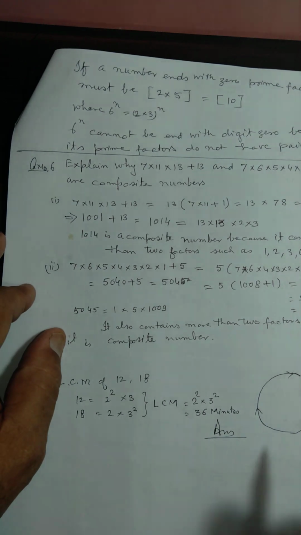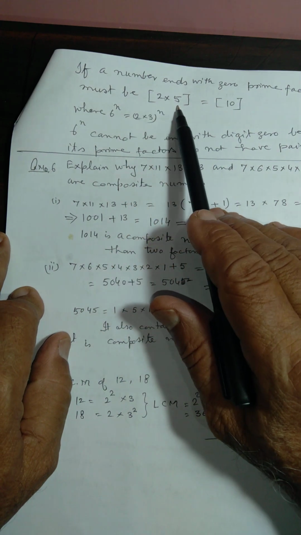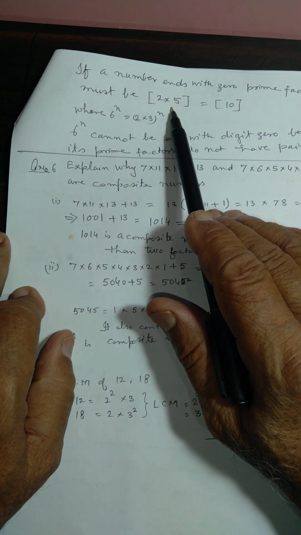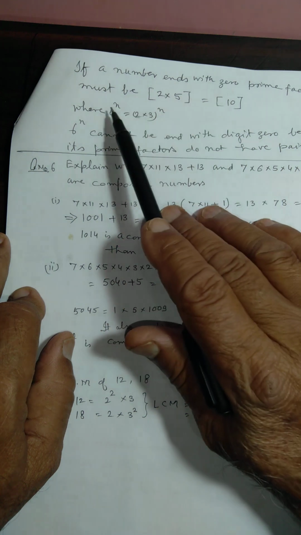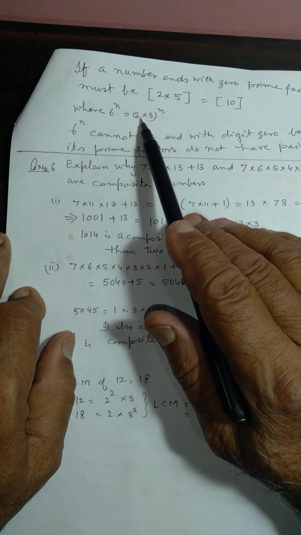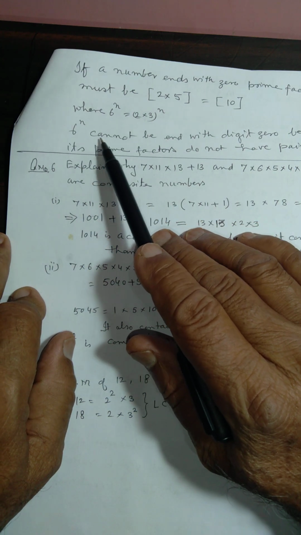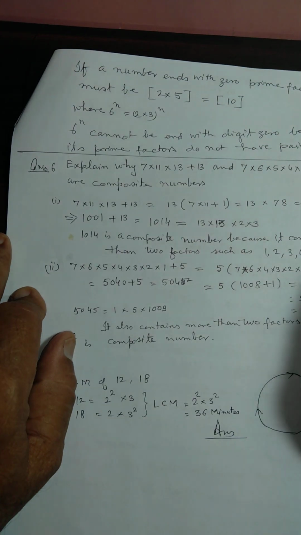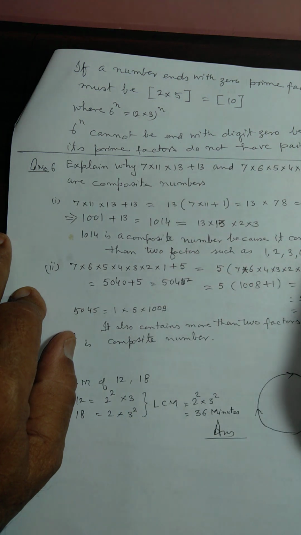If a number ends with 0, its prime factors must include 2 into 5, because 2 into 5 is equal to 10. But 6 raised to power n can be factorized only into 2 and 3. So 6 raised to power n cannot end with the digit 0, because its prime factors do not have the pair 2 into 5.